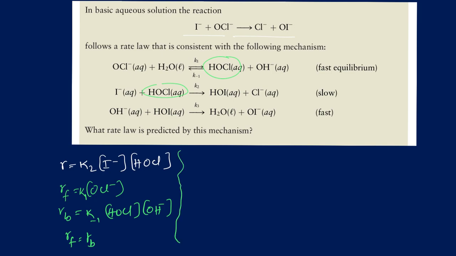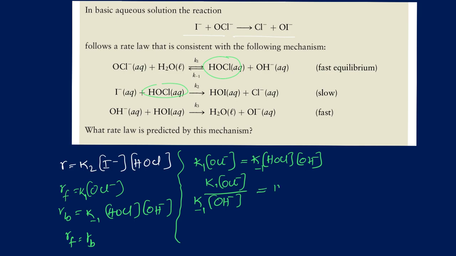Therefore K1 [OCl minus] is equal to K minus 1 [HOCl][OH minus]. We want [HOCl], so K1 [OCl minus] divided by K minus 1 [OH minus] is equal to [HOCl] concentration.